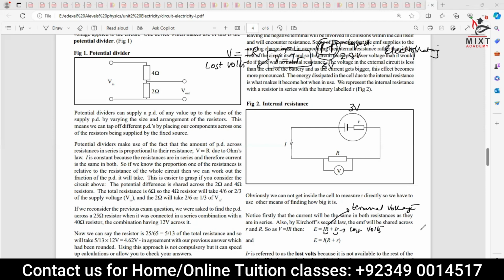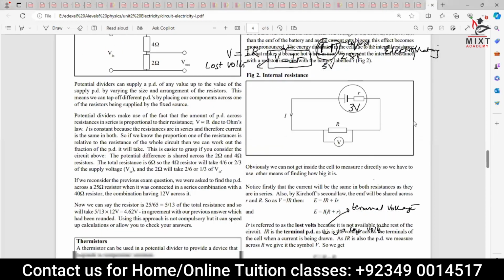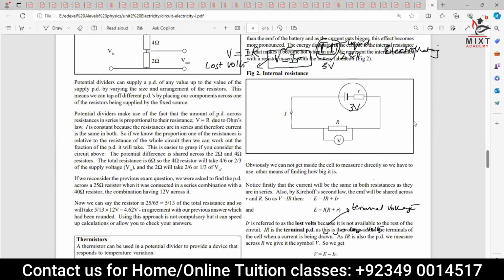And what about the terminal voltage? Terminal voltage is the one which you actually receive or find at the terminal of the battery, which is definitely the reduced one. Remember that when current is not drawn, then Ir is not there. It means your terminal voltage will be equal to EMF.